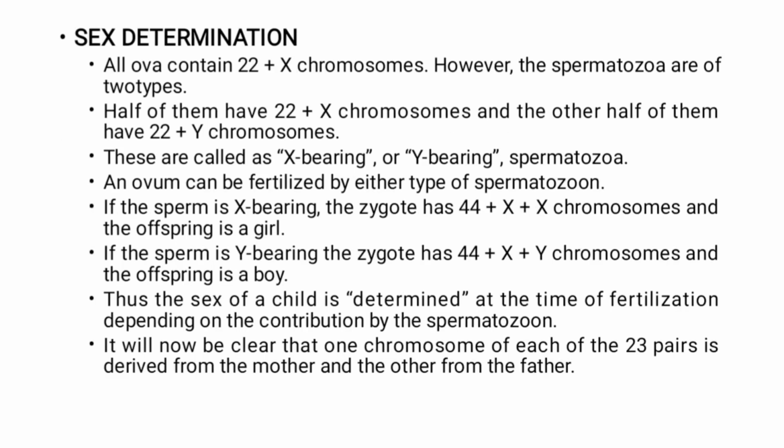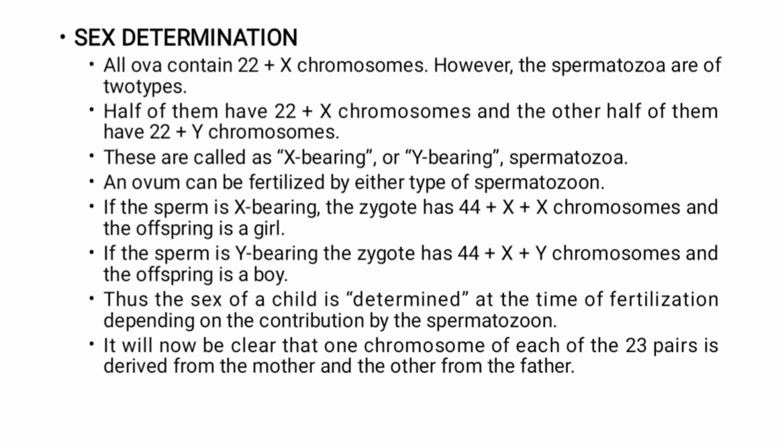Okay, so sex determination. So sex determination is crucial. So sex determination is determined by the male parent. It's not determined by the female, because the female has just XX. Now the males are the ones who have XY chromosomes. So the ovum contains 22 plus an X chromosome. That makes 23. Okay, now that's for a female.